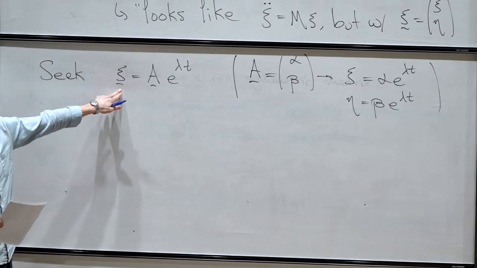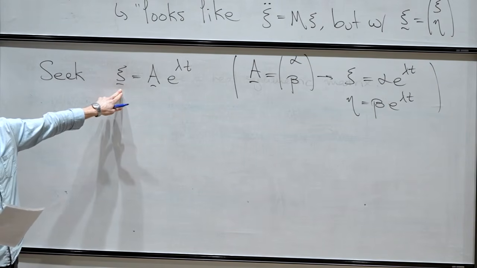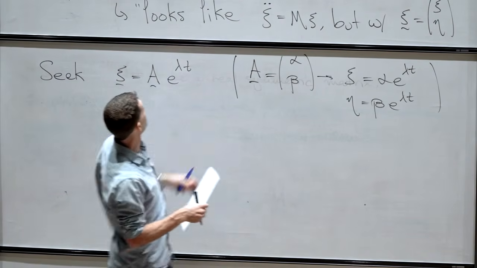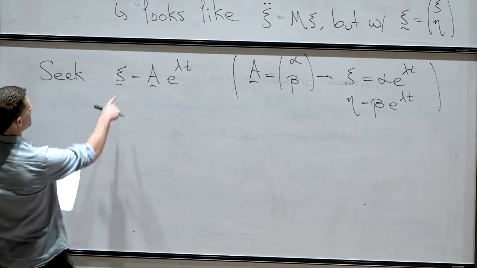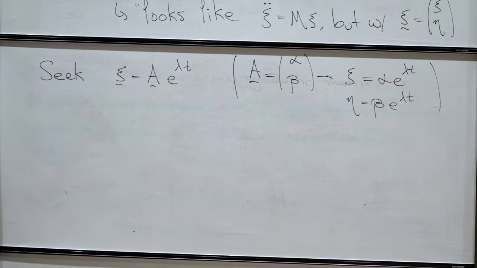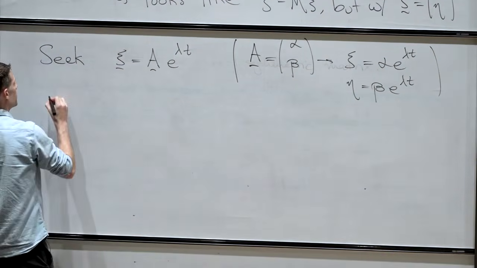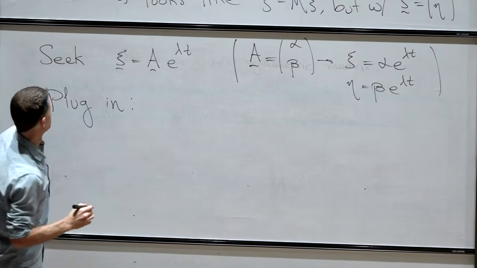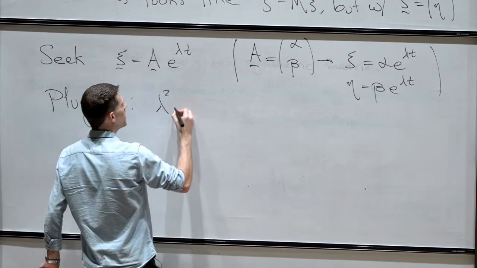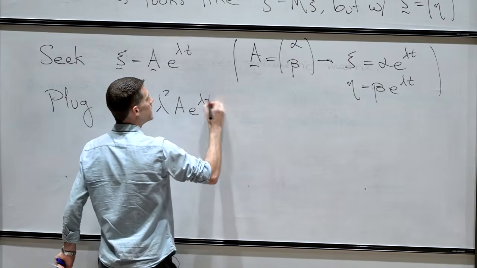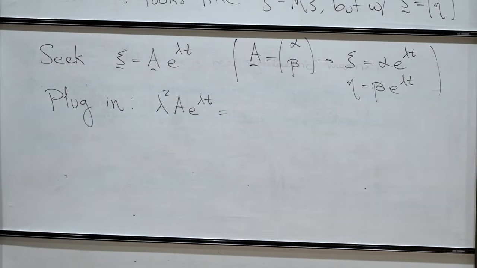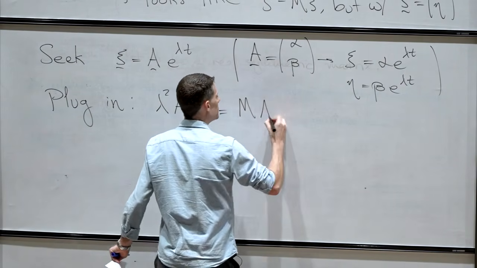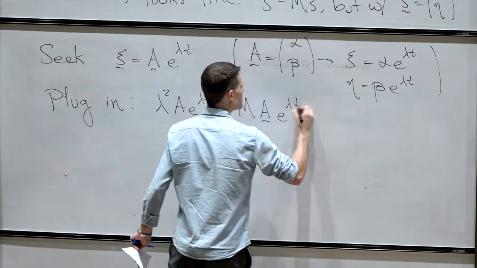Right, now what happens when I plug in that ansatz into this equation psi dot dot equals m times psi? Well, say take psi dot dot, I just get a lambda squared times the same thing back. So I get a lambda squared A e to the lambda t equals m times psi, but m times psi is just m A e to the lambda t.